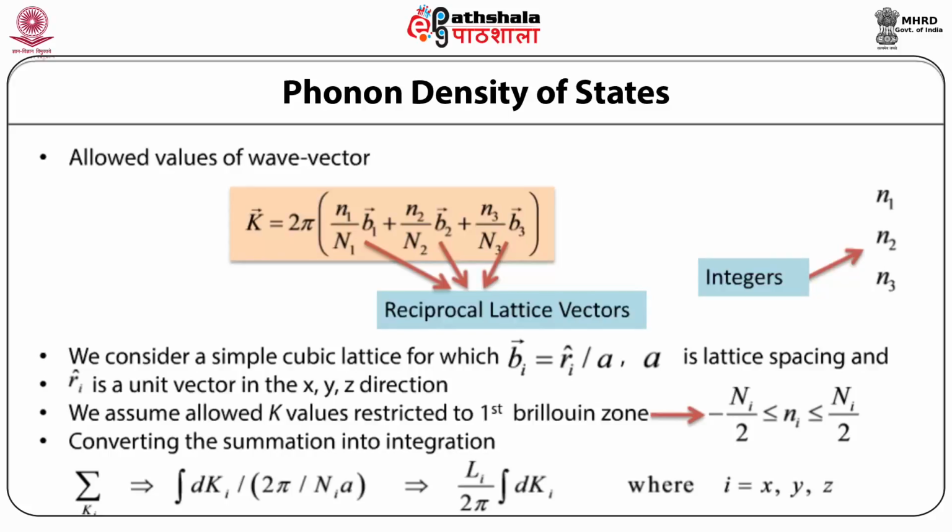Then the summations can be converted into integrals, that is summation over k_i is equal to the integral over dk_i divided by 2 pi by N_i a, which eventually simply tells us that it is equal to L_i divided by 2 pi into the integration of dk_i, where i is equal to x, y, z.